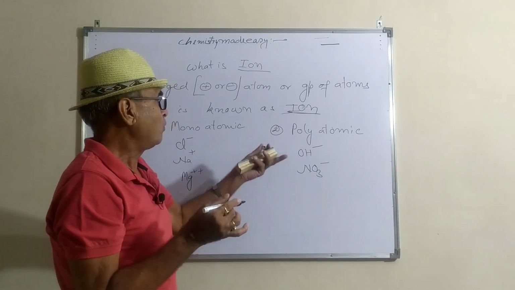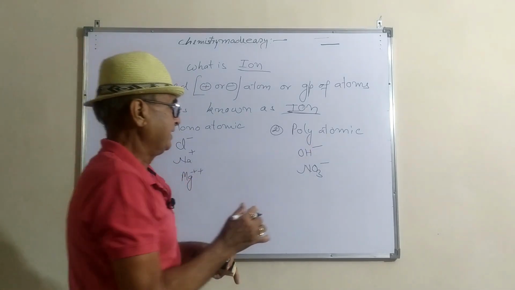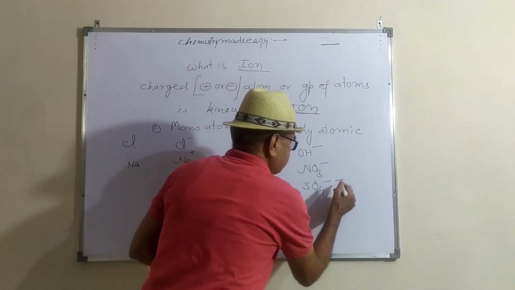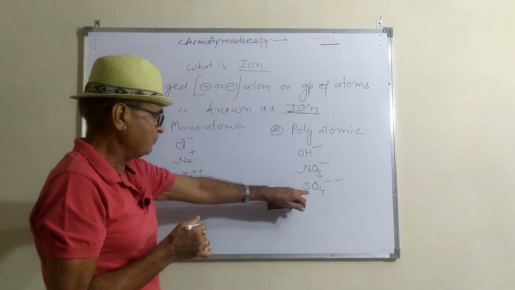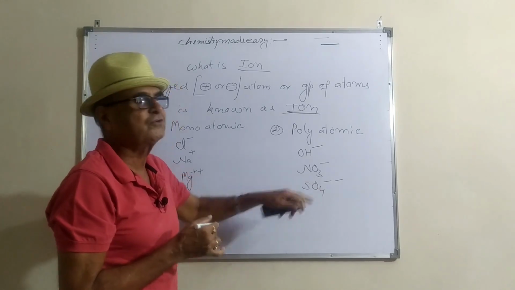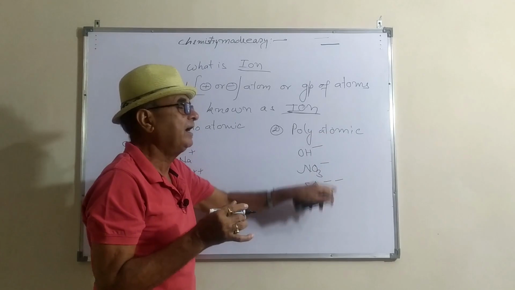So it is tetraatomic, it has four atoms. In the same way, SO4, how many atoms are there in the sulfate? There are five atoms, one of sulfur and four of oxygen. It means it is pentaatomic.